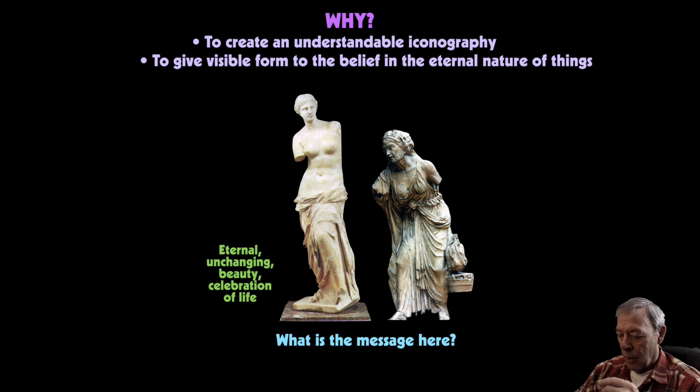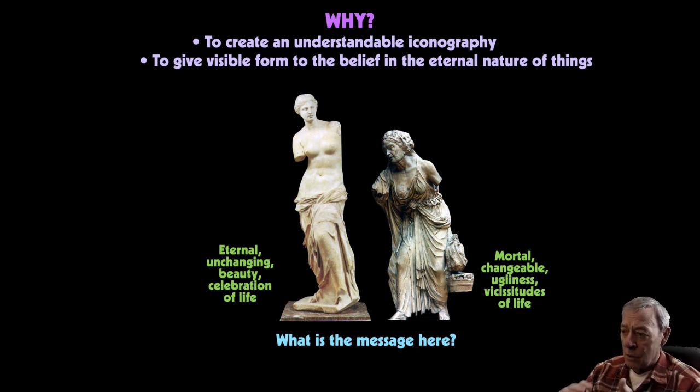On the other hand, the one on the right, the artist might be trying to suggest the mortal, the changeability of life, the ugliness that we find in life, the vicissitudes of life. So just the opposite of the Venus de Milo with this old market woman. Okay? And so they have a very different message they're trying to communicate here in the type of imagery that they are employing.